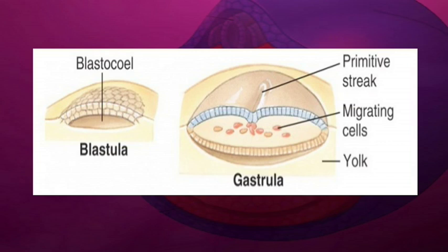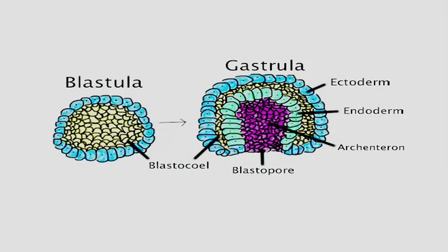The blastula then undergoes an important process called gastrulation, wherein the formation of germ layers such as ectoderm, mesoderm and endoderm takes place. Together, the three germ layers will give rise to all the organs in the body. Based on the number of germ layers present, animals are classified into diploblastic and triploblastic animals.